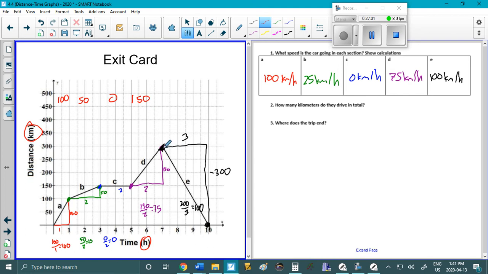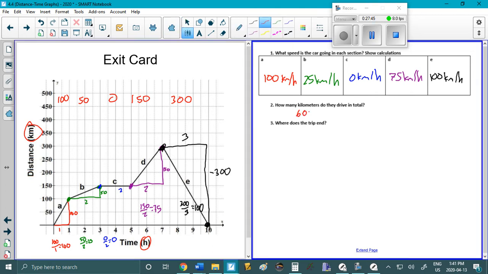And section E was 300. So that's how much they traveled in each section. So all you have to do is add all those numbers together, and you should get that they traveled in total 600 kilometers. And if you think about it, the furthest they ever got from home was 300, and they ended up back. So 600 makes sense.